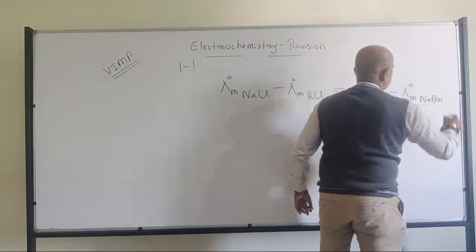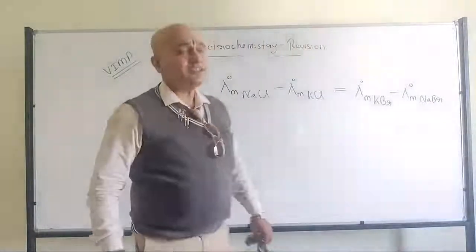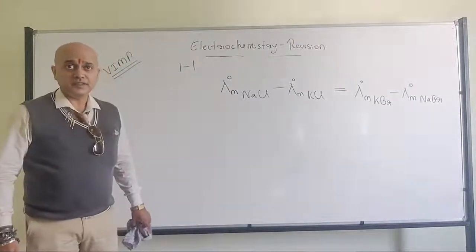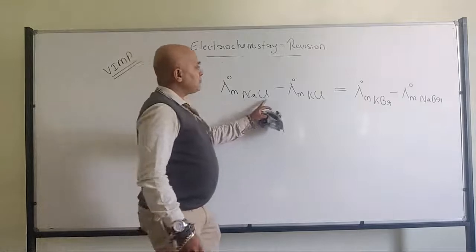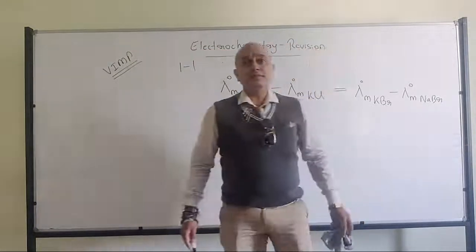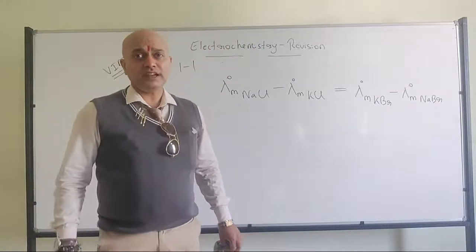So like that we can go on. What I mean to tell here is, in whatever equation I have written, everywhere I have taken 1-to-1. I cannot compare two different types of electrolytes.